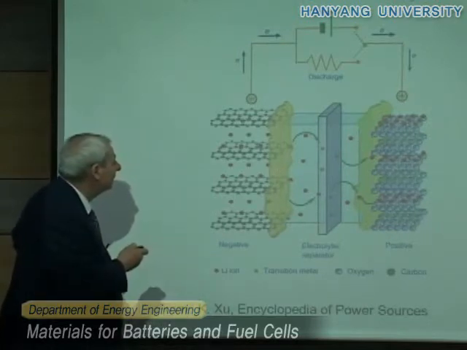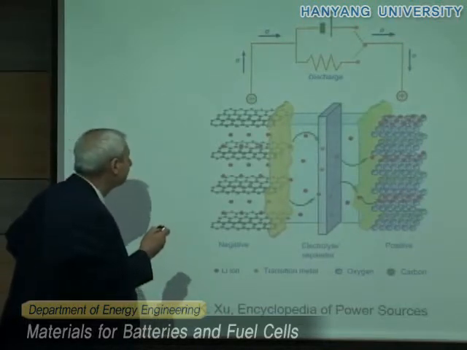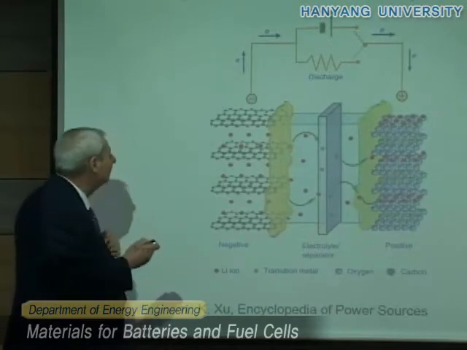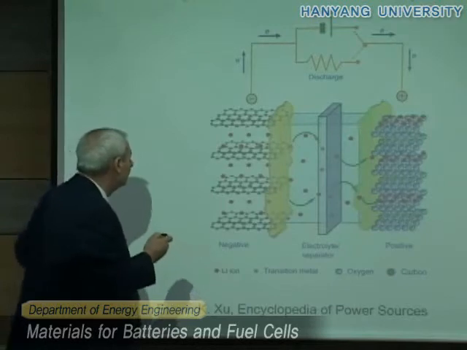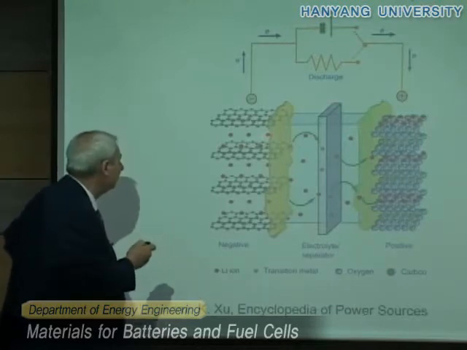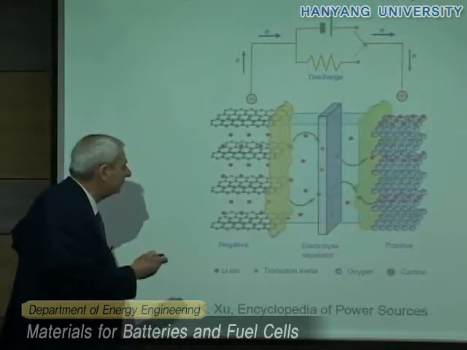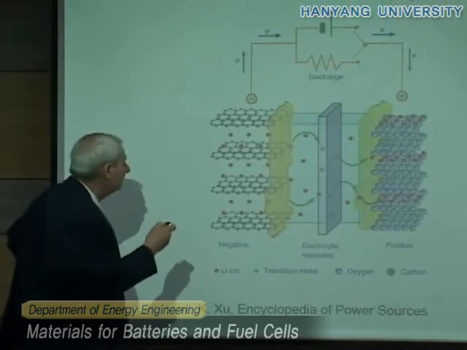Then when the telephone is charged, you remove it from the charging, from the plug-in, and then you see now the current goes in this direction, because what will happen now is that the lithium ion will leave graphite and go back into cobalt oxide, releasing electrons and operating your telephone here.